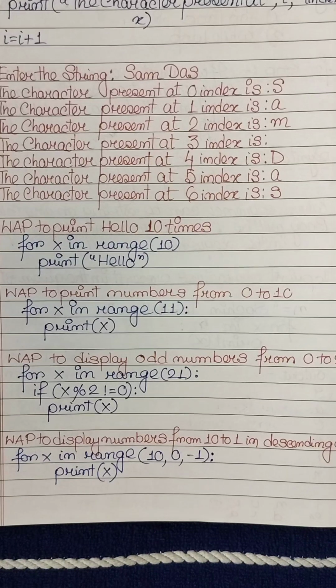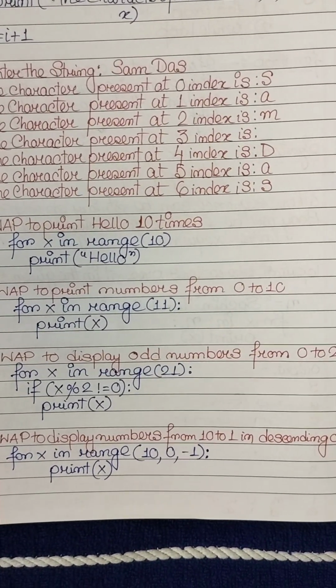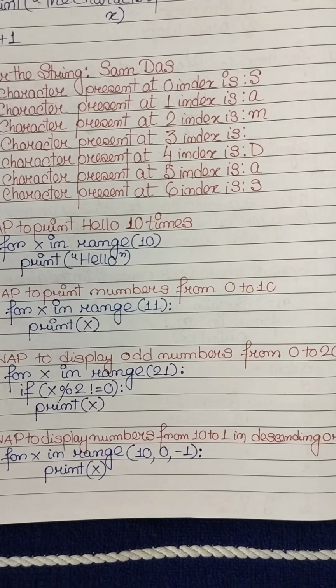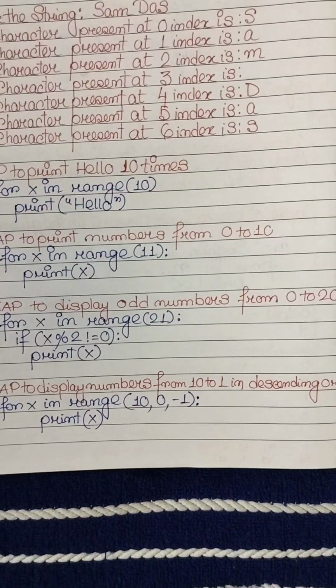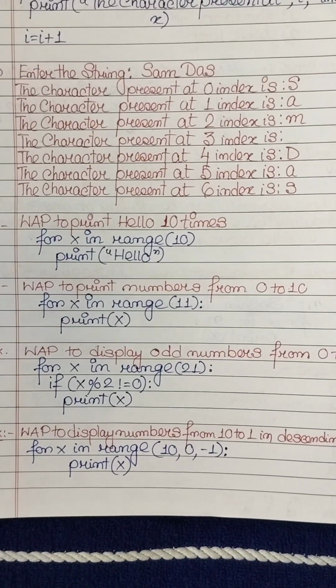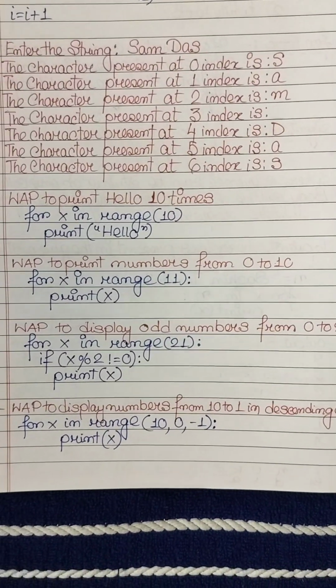The character present at index 4 is D. At index 5 is A. At index 6 is S. This is how we can print the index using a for loop.